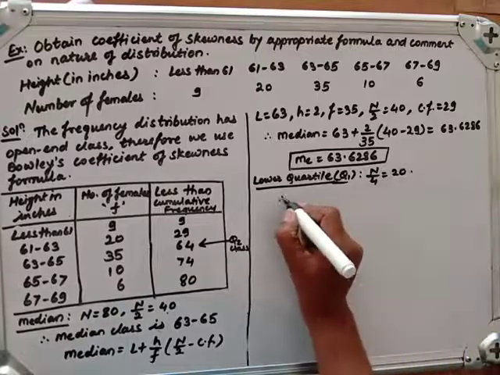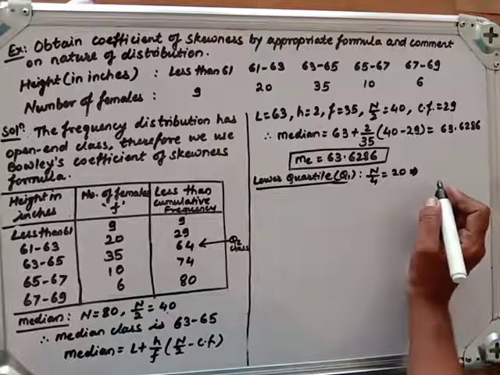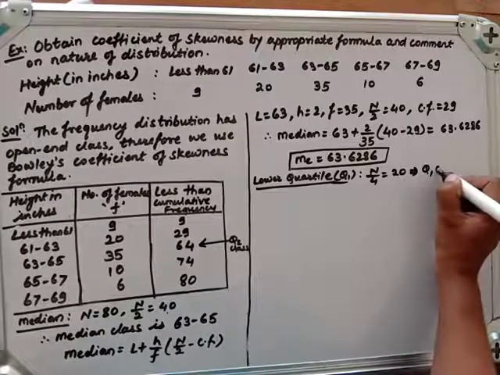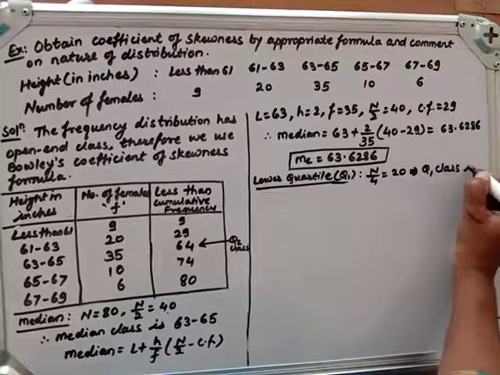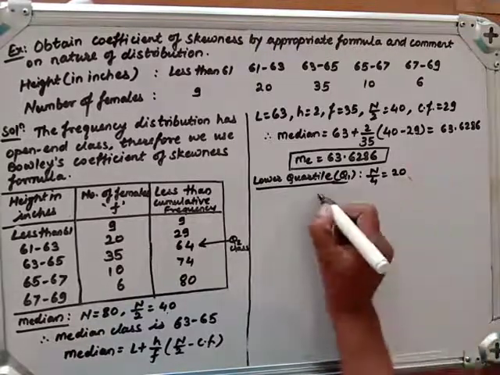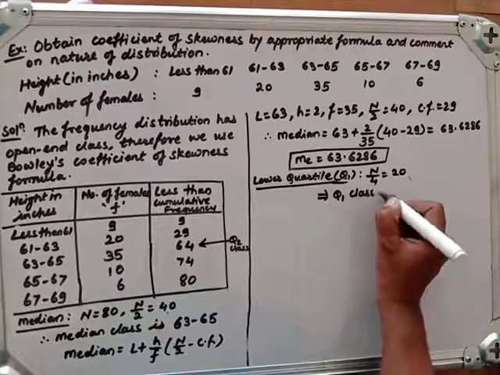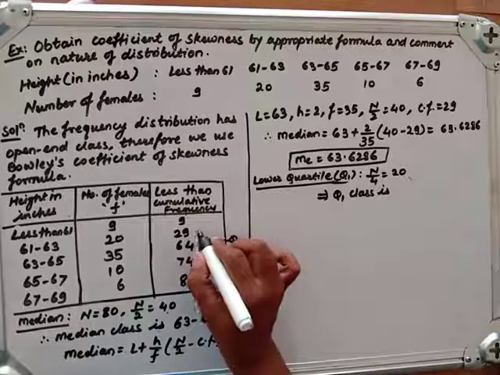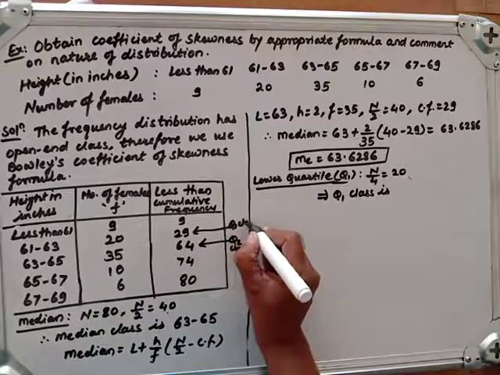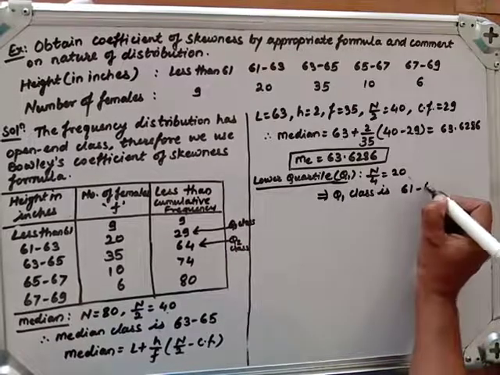So this gives the lower quartile class. This gives Q1 class from the less than type cumulative frequency. So this is the Q1 class, 61 to 63.